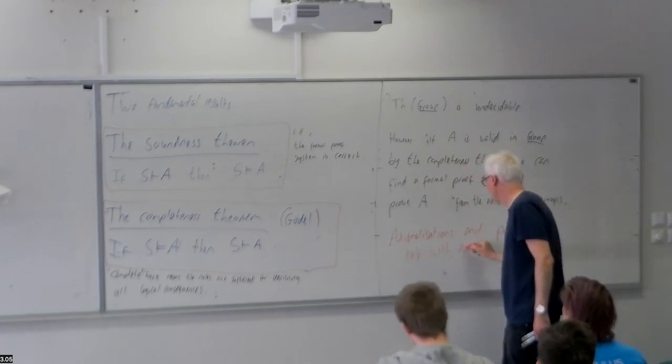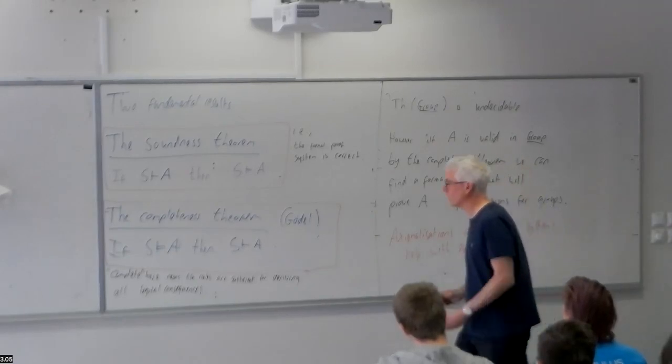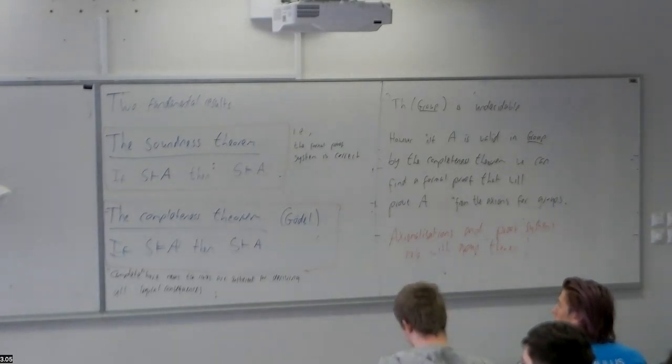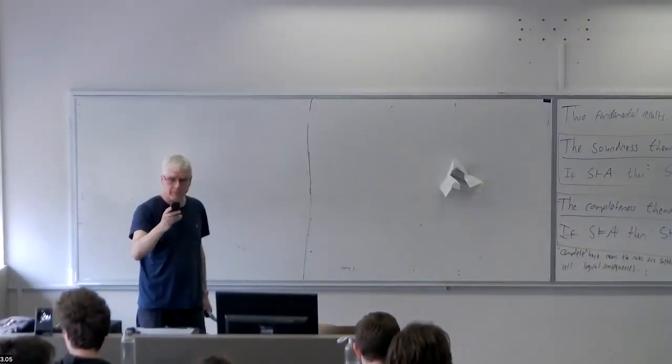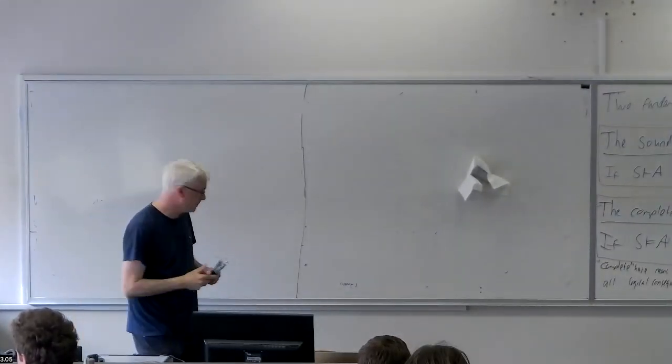That's the summary of the conclusion there. So let's go back to number theory. So can an axiomatization help with number theory?